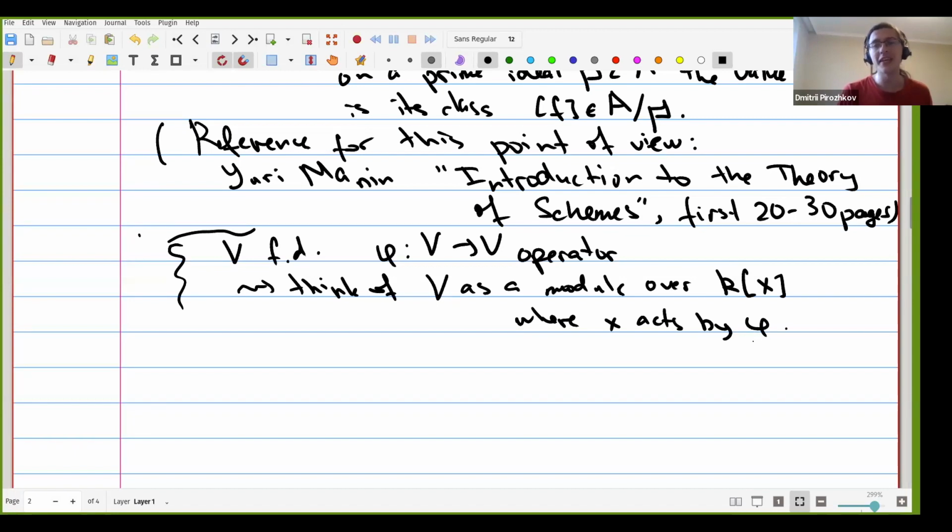Then you don't really get the spectrum of the operator as a spectrum of this ring, but it's something very similar: the support of this module as a subset of the spectrum of the ring. If it is infinite dimensional, then I think the notions of spectra for operators are more complicated, and there are fewer relations between them. But I think this was one of the original motivations for this introduction.